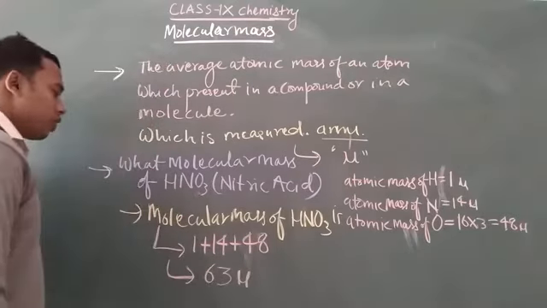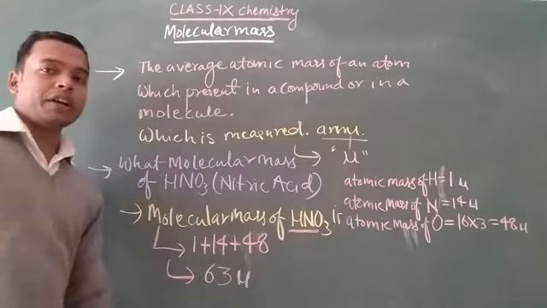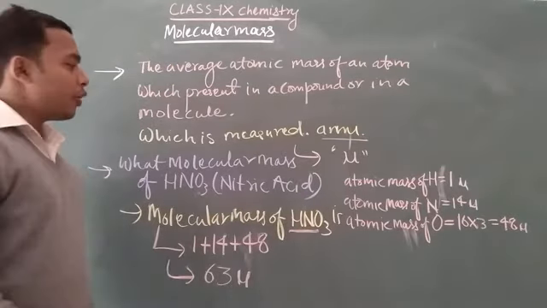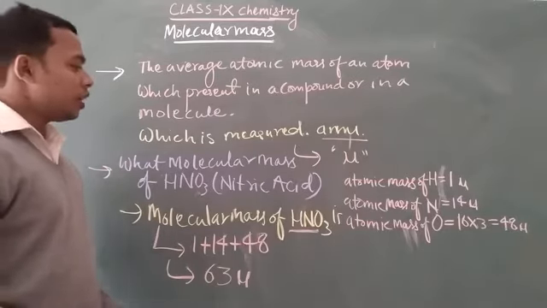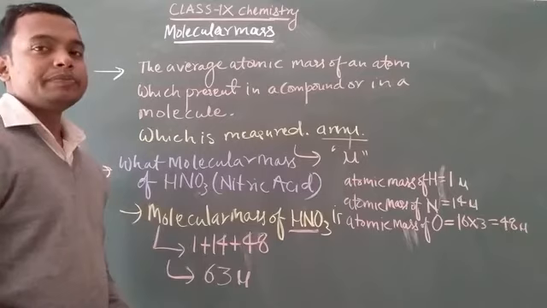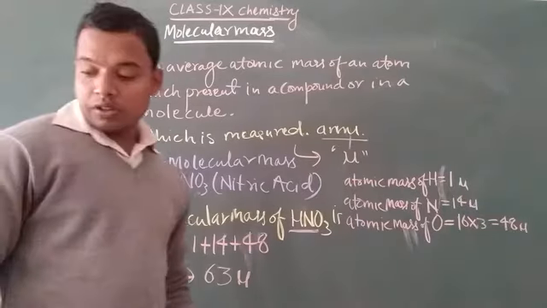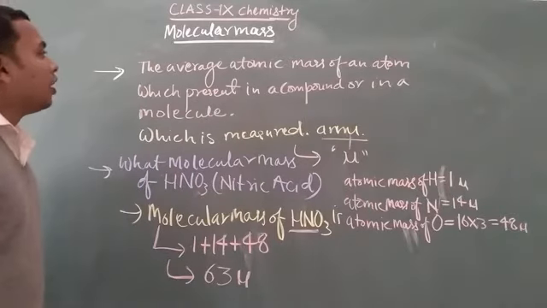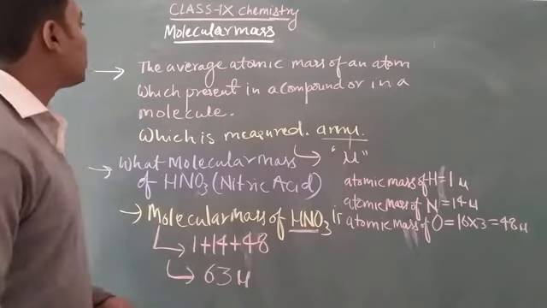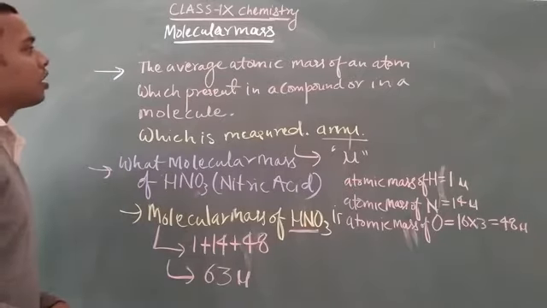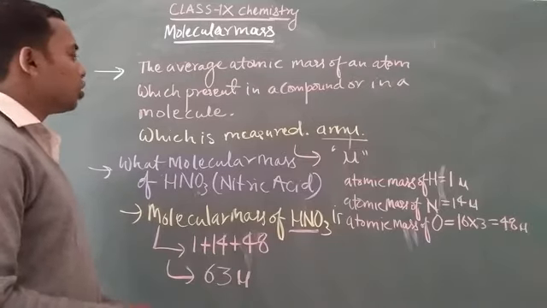So the molecular mass of HNO3 is 63 unified mass. In this way we can calculate the molecular mass of any compound or molecule. This is the average atomic mass of the atoms present in a compound or in a molecule.